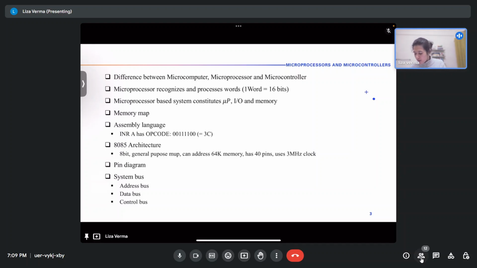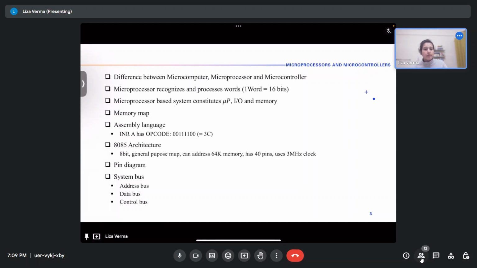First of all, what is the difference between microcontroller, microprocessor, and microcomputer, processor, and controller? Do all of you understand the basic difference between the definitions of these three: microcomputer, microprocessor, and microcontroller?